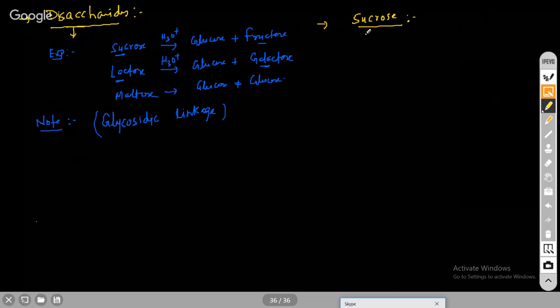Now you see how it forms. First of all, we have alpha D glucopyranose. So we can draw the structure of alpha D glucopyranose, right? What should we write here on the bottom?